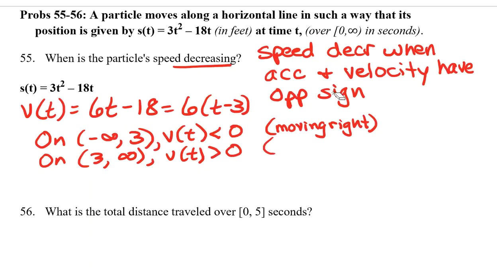Oops, sorry, I said that backwards. Velocity negative means moving left, and velocity positive means moving right. Sorry about that. We'll need that in the next question.